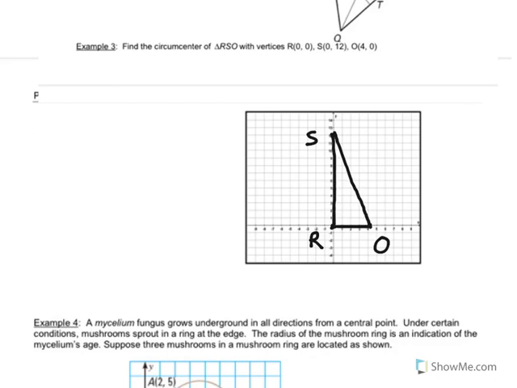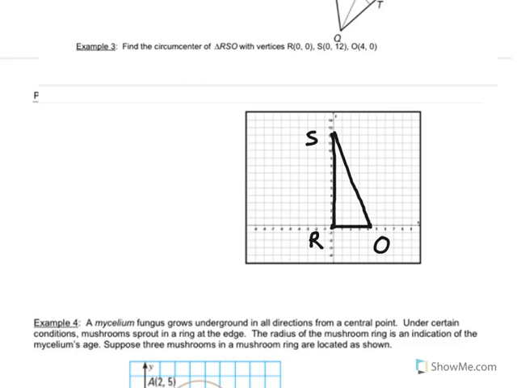And it says find the circumcenter. So as you can remember, finding the circumcenter is taking the perpendicular bisector of all three sides of the triangle. So two of these sides are going to be very easy, because let's look at line segment SR to begin with.